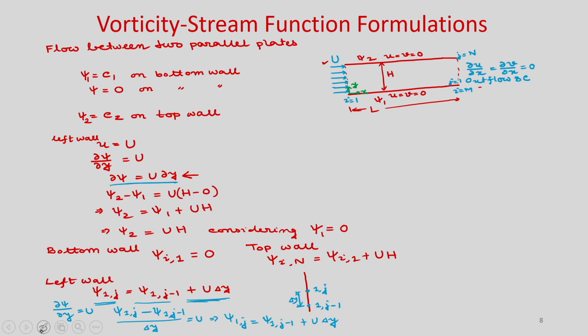And on the outlet boundary, at outlet, what you can write for the psi value, the outlet boundary condition? You can actually find it from this equation only. So, you can write psi m j is equal to psi m j minus 1 plus u into delta y, if you know the value of u.